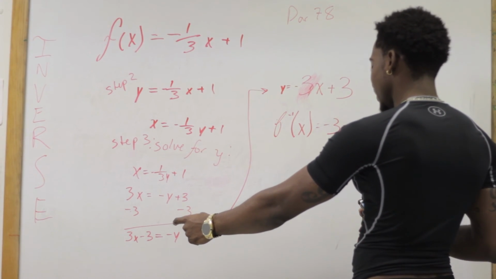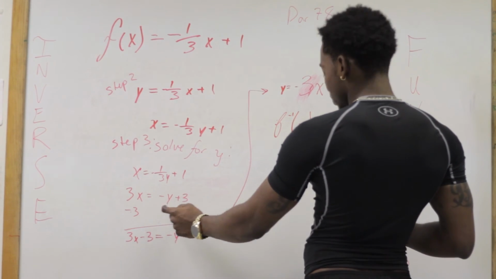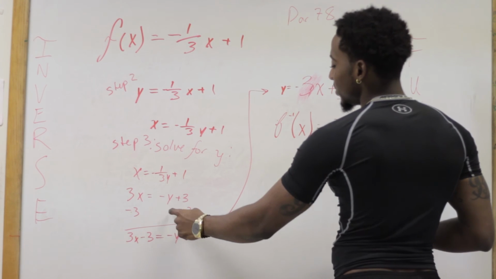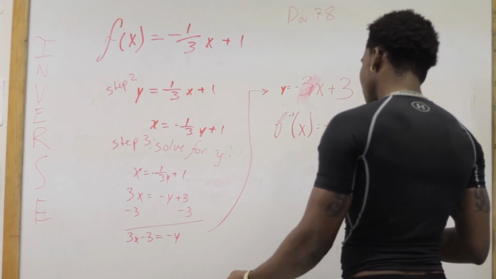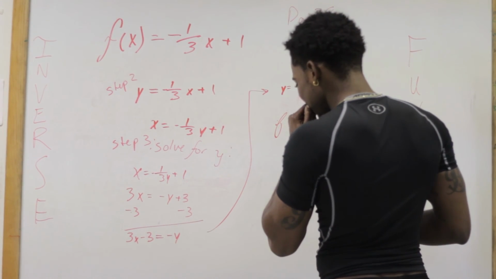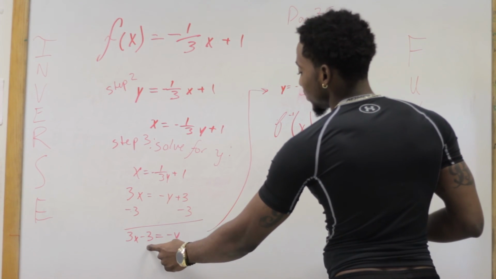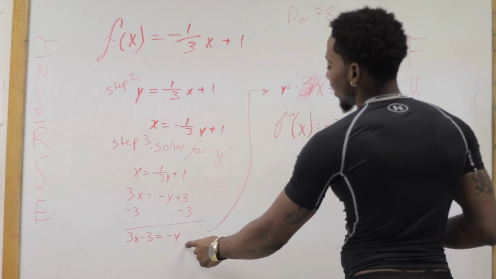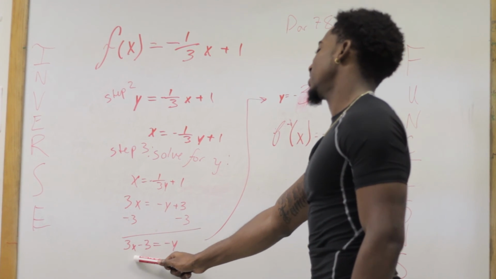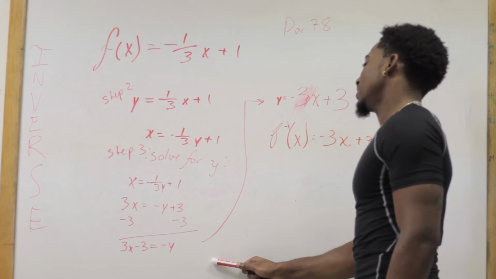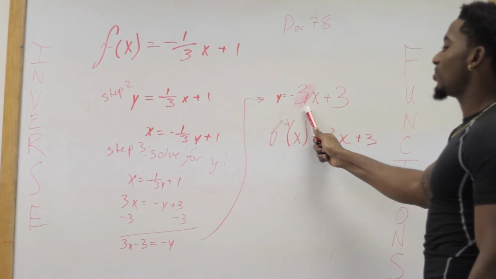After you do that, you get rid of the 3 by subtracting 3 from each side. That will give you 3x minus 3 equals negative y. Alright, after you have 3x minus 3 equals negative y, bring it up and rewrite it.